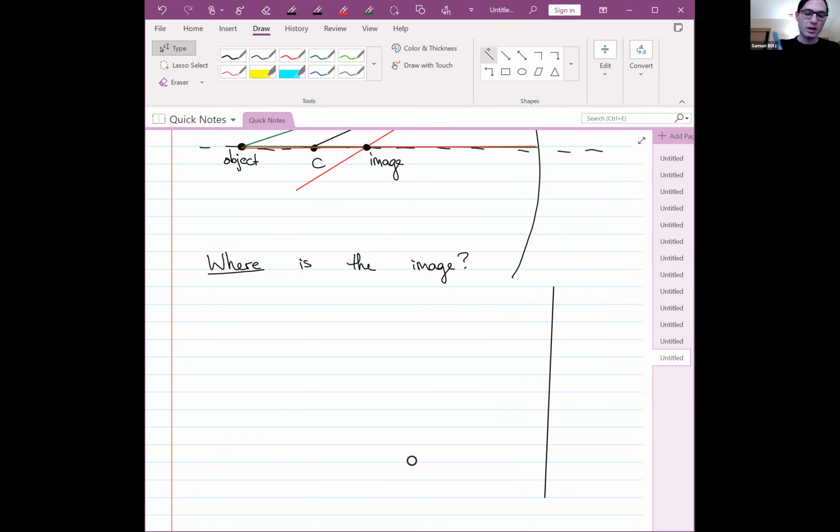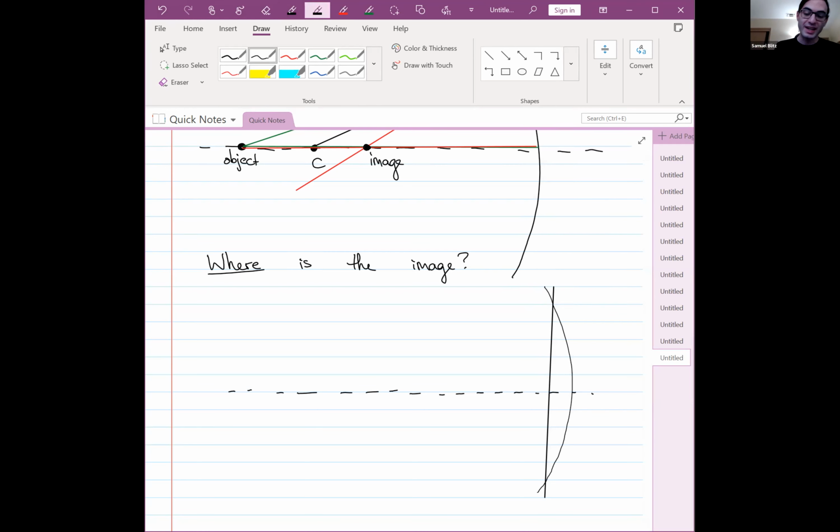Our optical axis is, say, roughly here. By the way, this flat mirror is actually curved, something like this. We're just treating it as if it were flat.